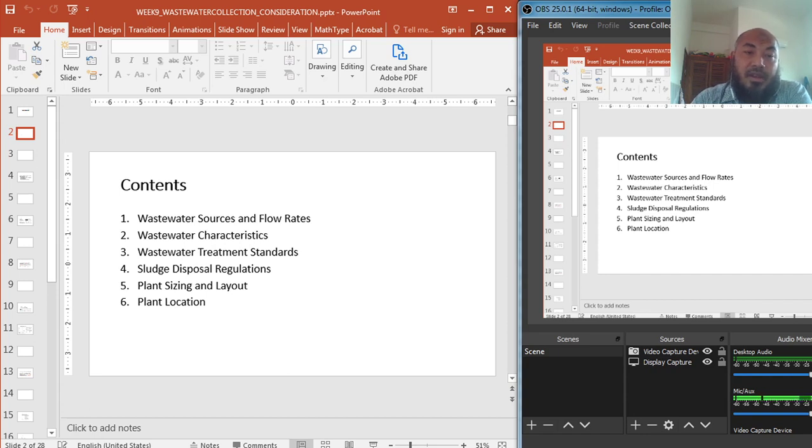Wastewater treatment standards will also be a review because Dr. Leonard already covered this topic. Sludge disposal regulation is the same, covered in the previous session.